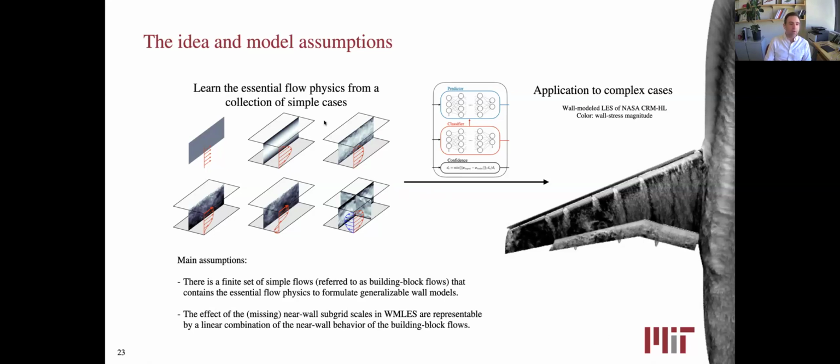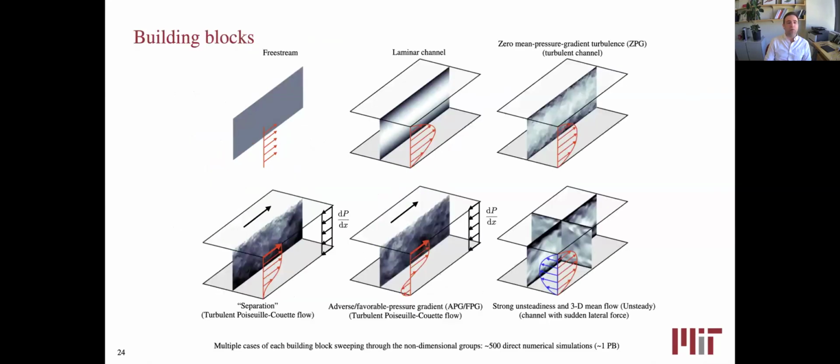So let me talk a bit about what this collection of flows is. That's what I call building blocks, and that's why the model is called the building block model. These blocks are intended to represent different physics. I mentioned this already before. The first case is a free stream or laminar flow where there is no important pressure gradient.